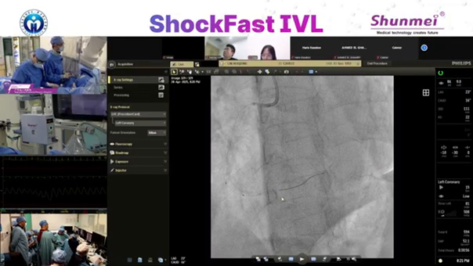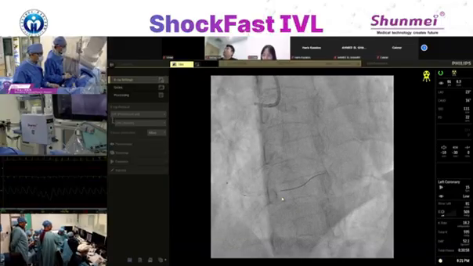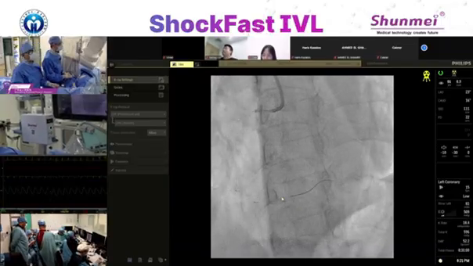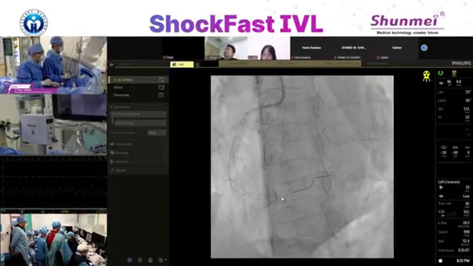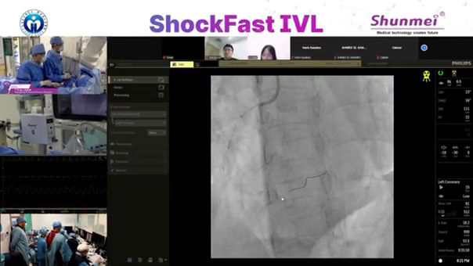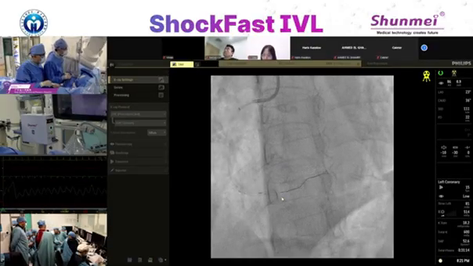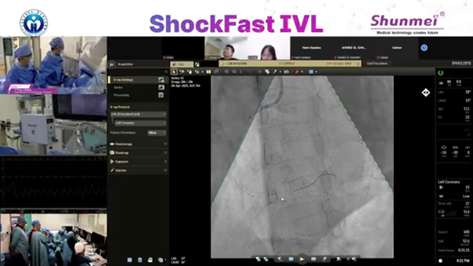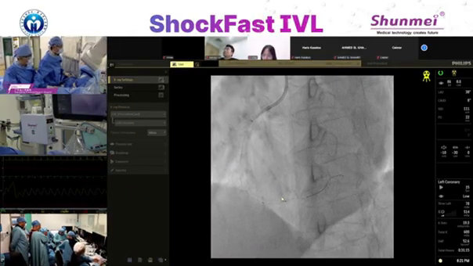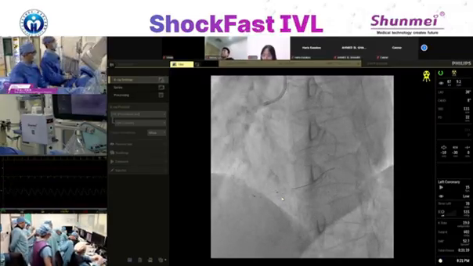Once again, inflate and deflate. Here I'm going to the distal edge of the stent.